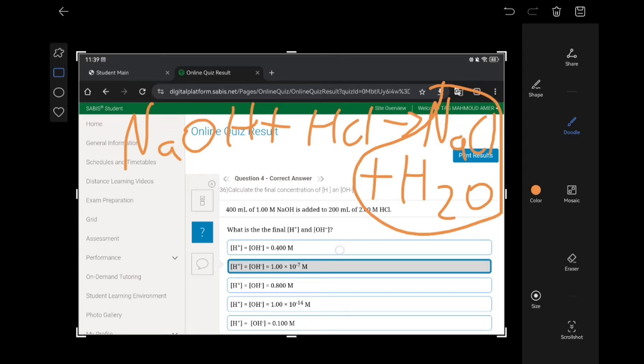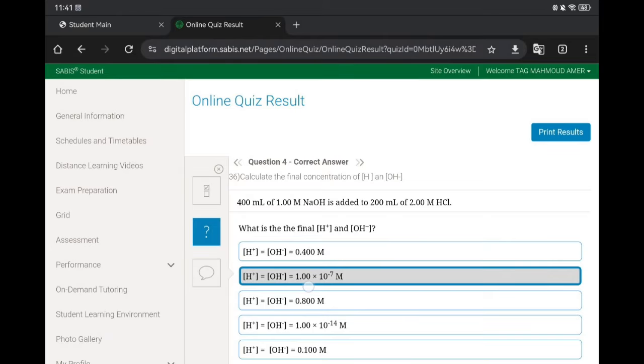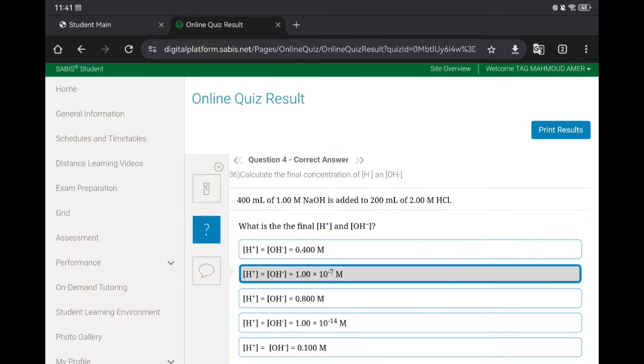And remember, in water they're equal. Another way you could tell is that the pH of water is 7, which is directly in the middle. So the concentration of H, remember I told you before, is 10 to the negative pH. So yeah, they're equal, and they're both equal to this one. This is when you multiply them. So yeah, that's it.